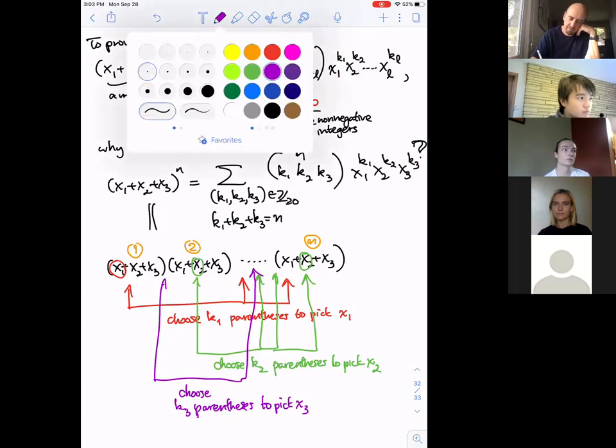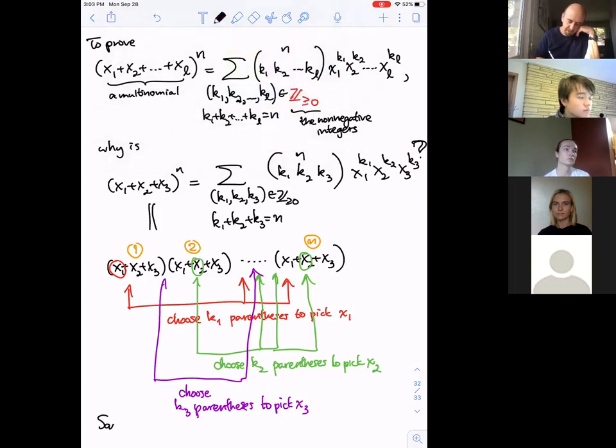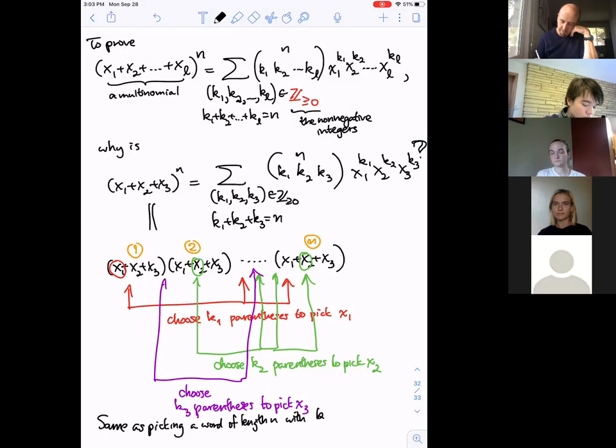So this is the same as picking a word of length n with k1 x1s, k2 x2s, k3 x3s, which is one of the things that we said was counted by n choose k1, k2, k3.